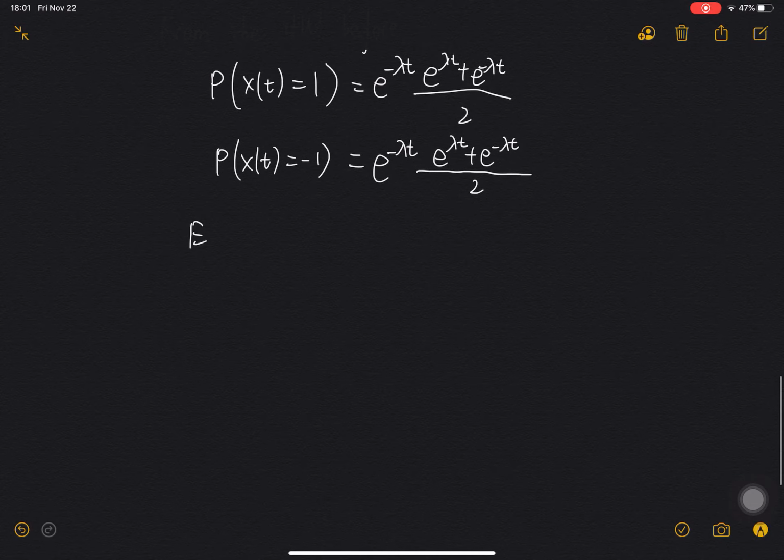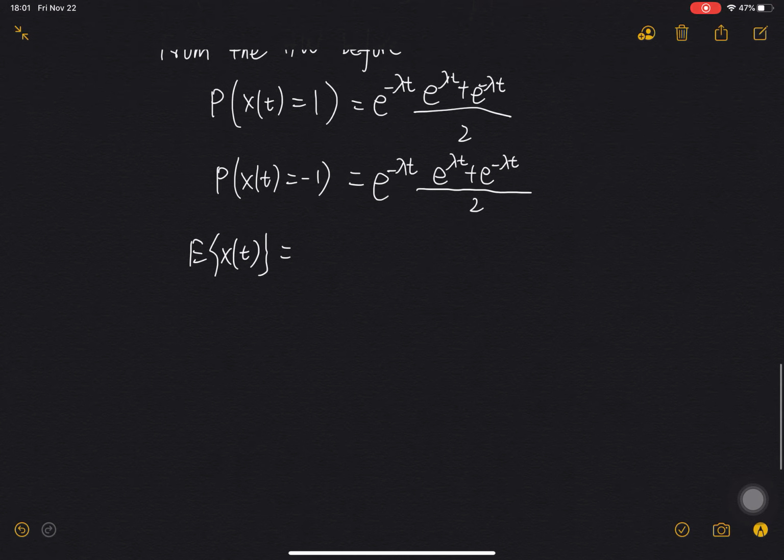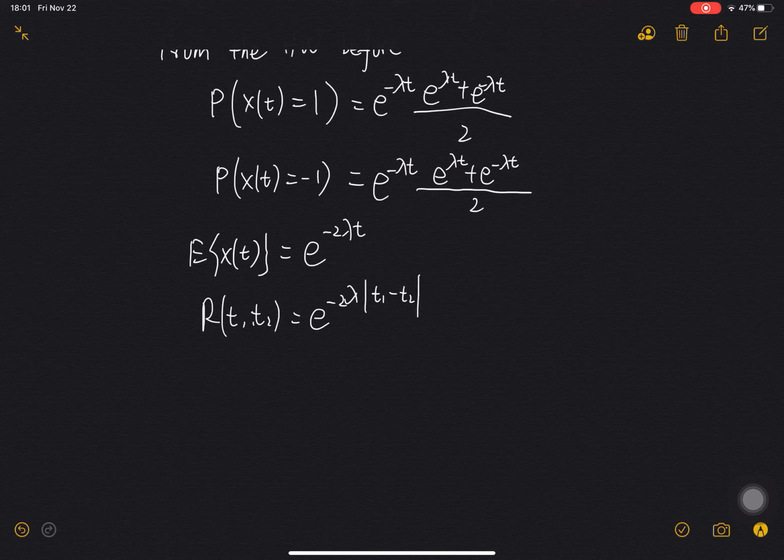And the expectation of X(t) is obvious, just 1 times the probability of X(t) to be 1, and minus 1 times the probability of X(t) to be minus 1, which is e to the minus 2 lambda t, and the correlation is e to the minus 2 lambda (t1 minus t2), which is tau, right?